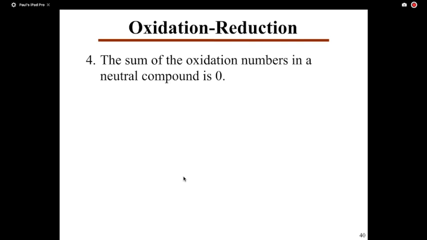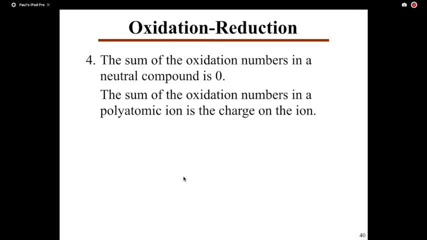Number 4, in a compound, remember the compounds are neutral, so the sum of all oxidation states of every atom in that compound has to add up to be 0. That's going to be important for how we calculate oxidation states. Or the oxidation number, the sum of the oxidation numbers in a polyatomic ion has to equal the charge of that ion.